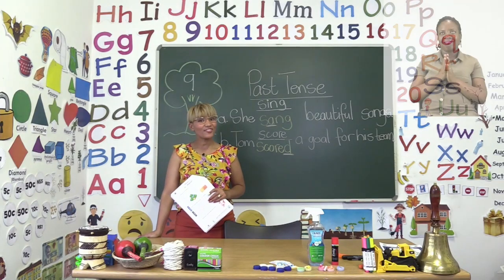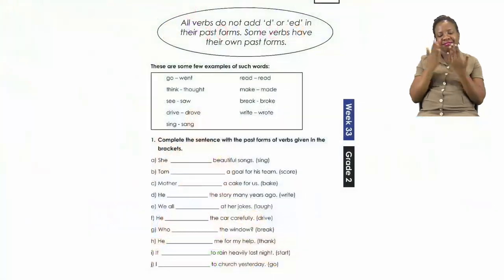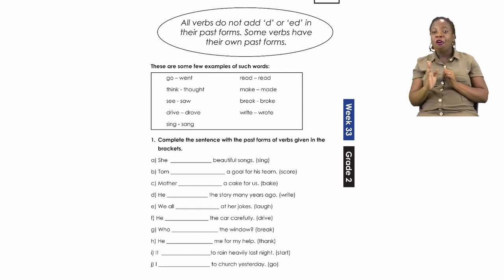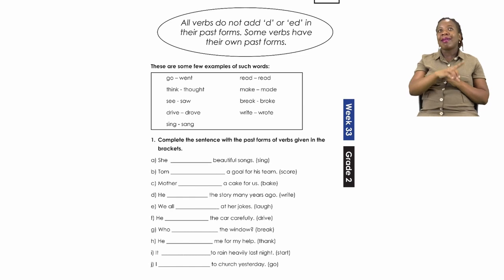Let's start this part of our lesson on page 9. Now here we are looking at past tense. It says there, all verbs do not add D or ED in their past forms. Some verbs have their own past forms.